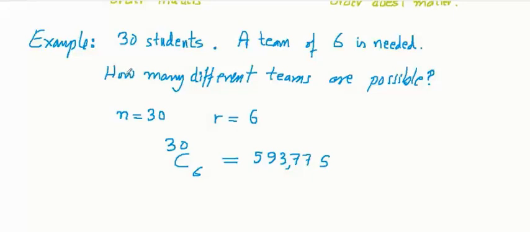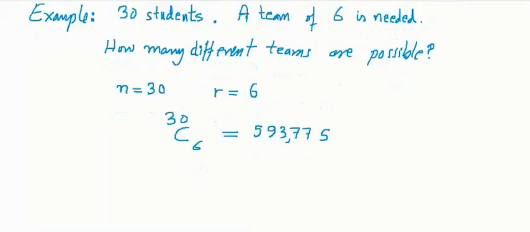And if we want to select a football team of 12 players, then it is 30C12. If you use the calculator, 30 combination 12, it will be so many teams: 86,493,225, around 86 million.